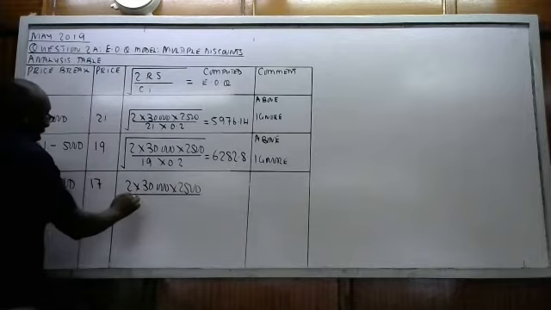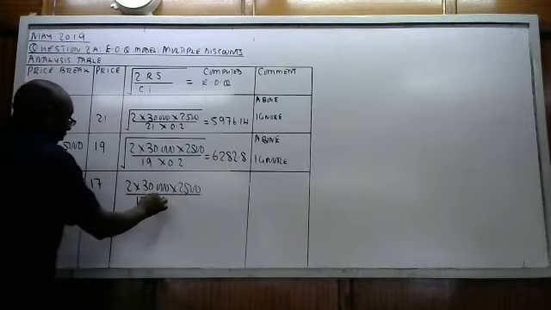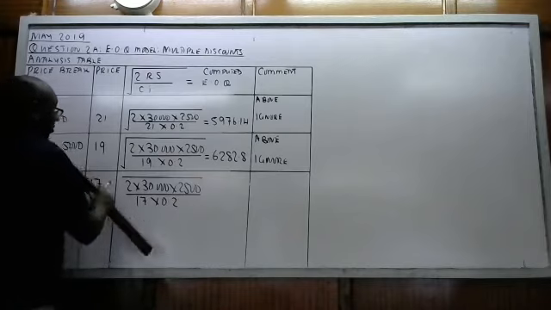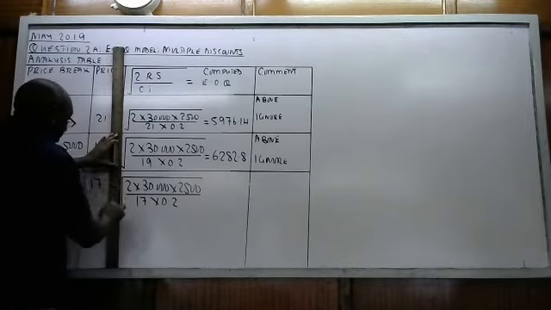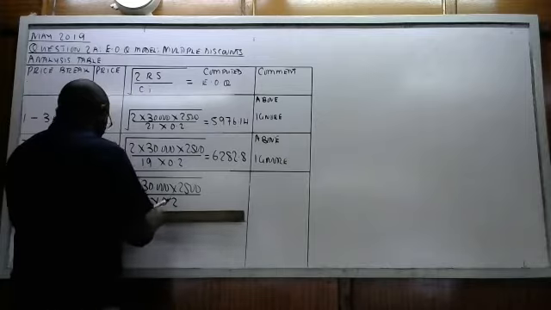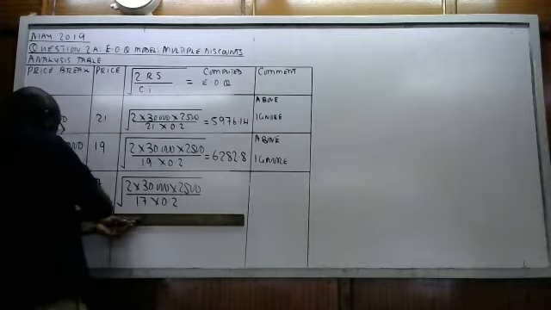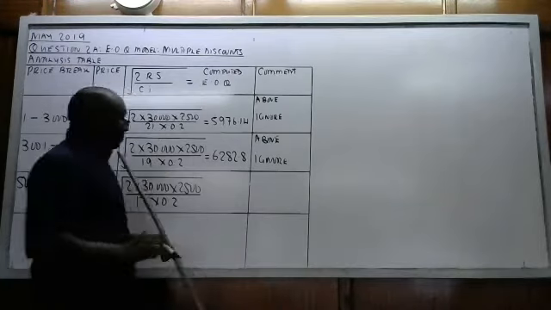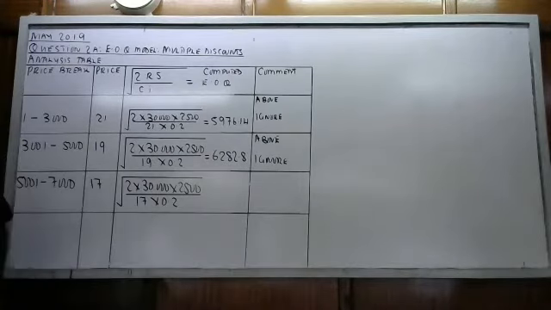We divide by 17 times 0.2. So once again, send me the figure.